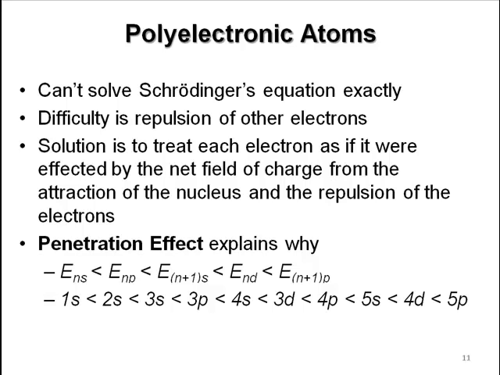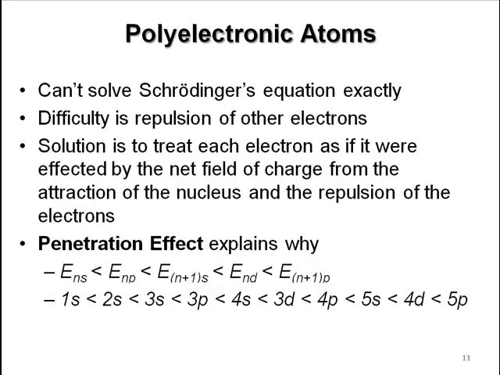So, for example, let's say n is 1. This would be 1s. The energy of 1s is going to be less than the energy of 1p. So the energy goes 1s, 1p, and then it goes 2s.